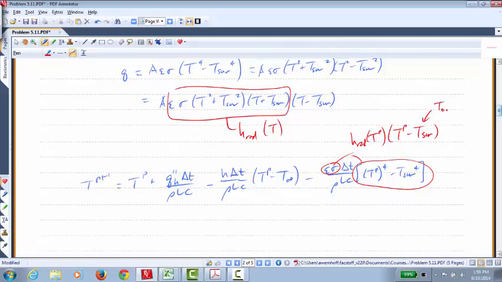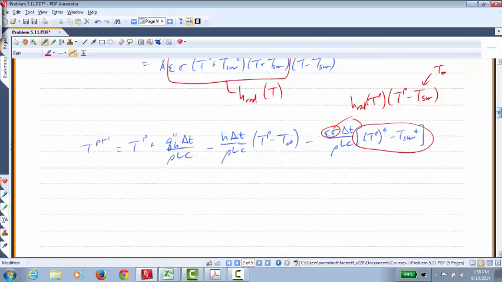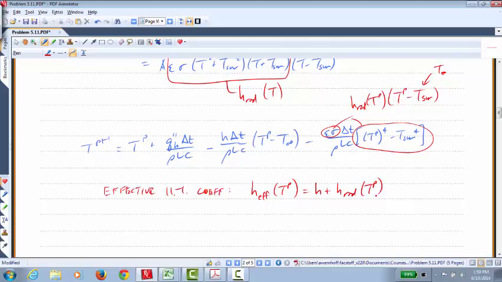Furthermore, T surroundings we know is T infinity. So essentially, this allows you to combine this term with the convective term. We'll use an effective heat transfer coefficient, which is a function of T sub p, because that's going to equal h plus h rad at T sub p.